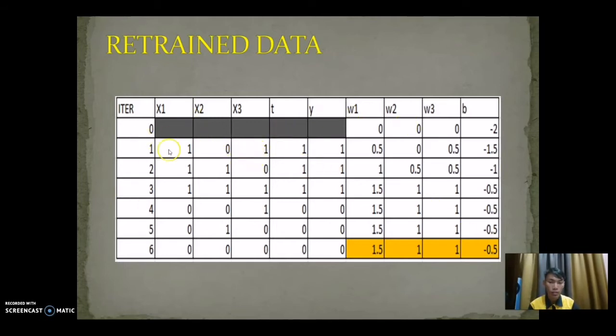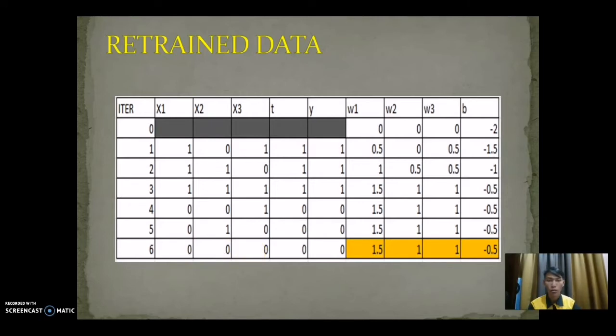As we can see here, this is the table with the data we have manipulated or retrained, where for the x1 the target also changes: 1, 1, 1, 0, 0, 0. At the top of the table, x1 is equal to 1, x2 is 0, x3 is 1, and for the bottom 0, 0, 0.